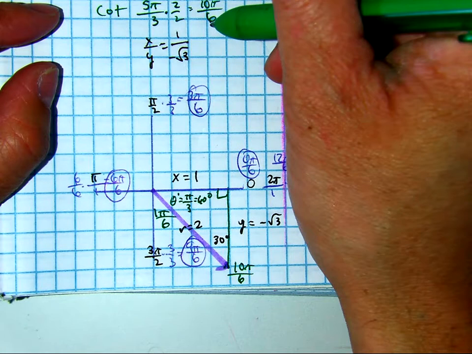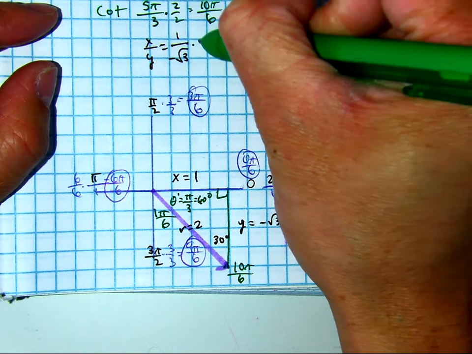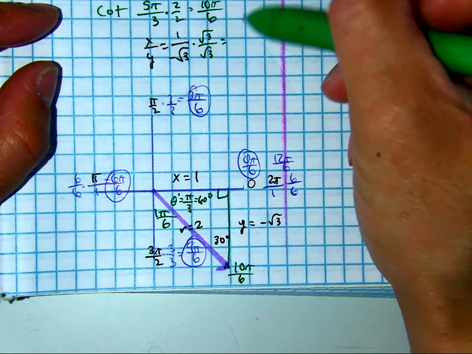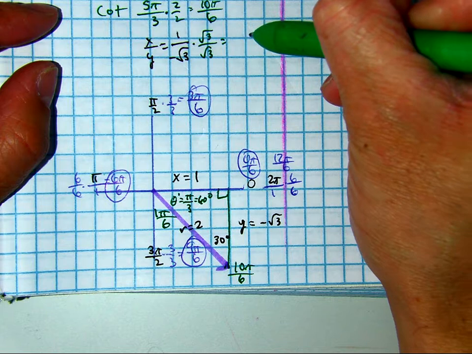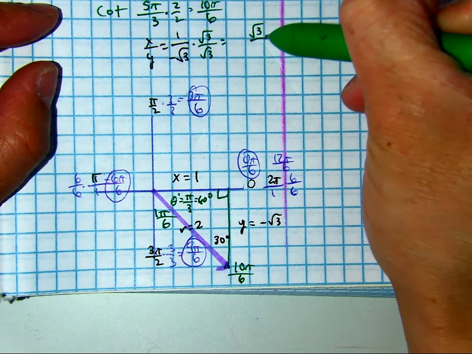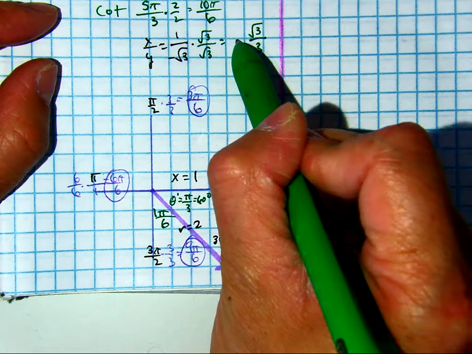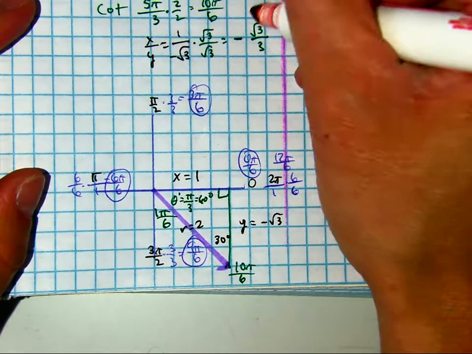What would you do? And when you simplify, your answer is? We're not going to keep the negative in the denominator. We're going to make it in line with the fraction. Negative radical 3 over 3 is our final answer.